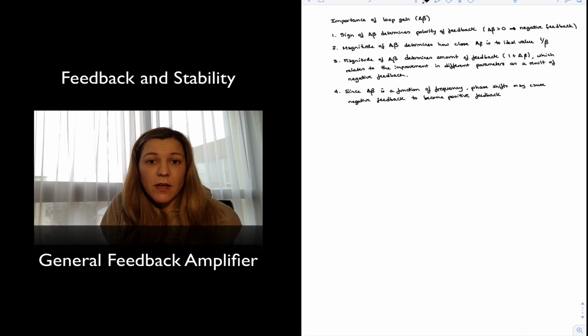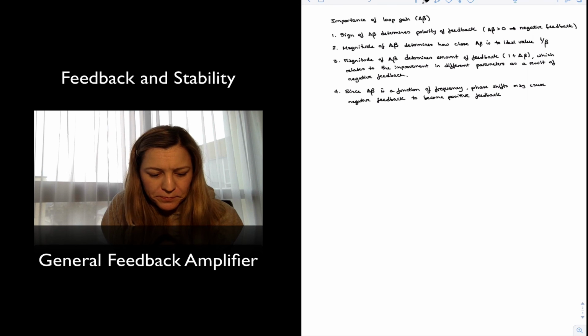And therefore a lot of the circuit techniques that we are going to study to compensate for this problem are going to be trying to affect a change in the frequency response of the feedback network, and therefore trying to change the loop gain A times beta.